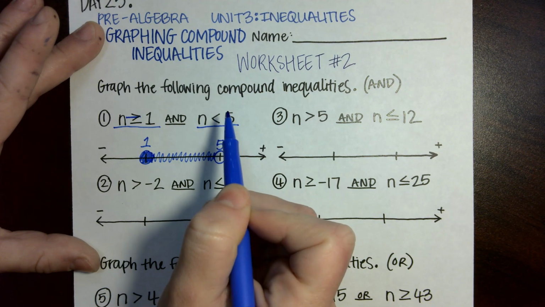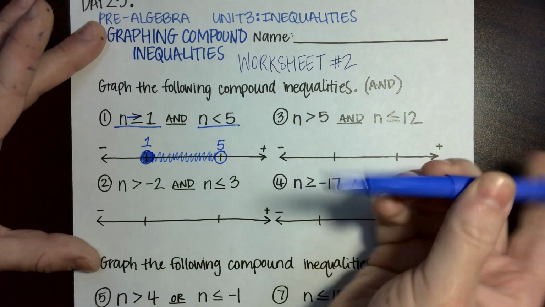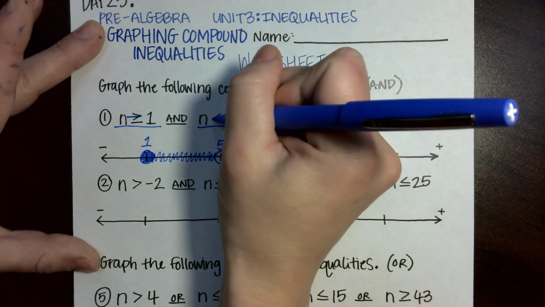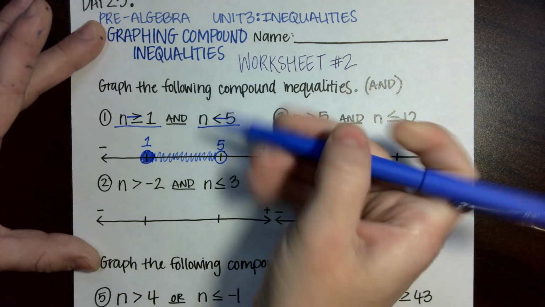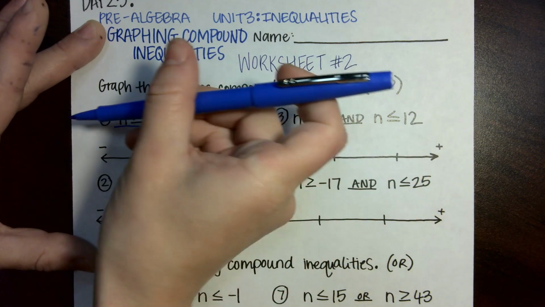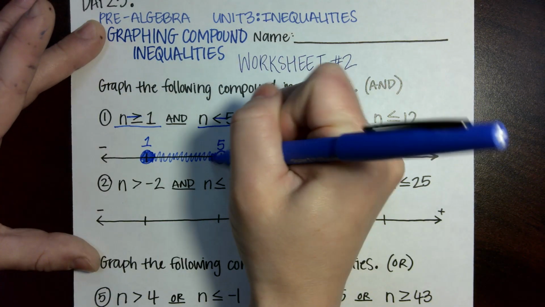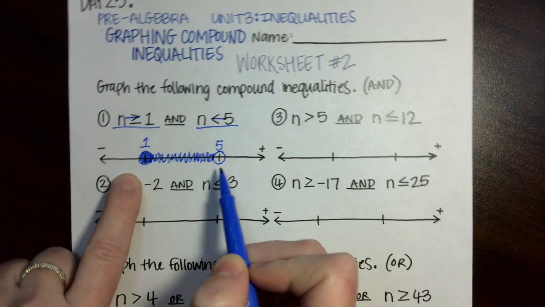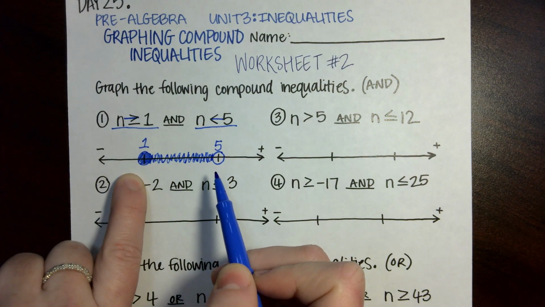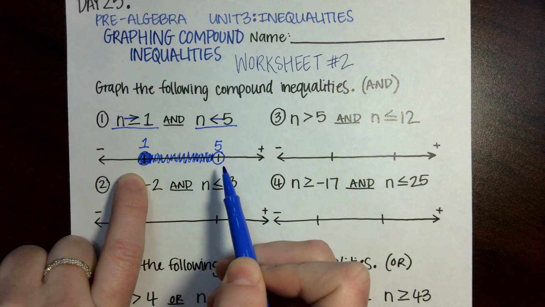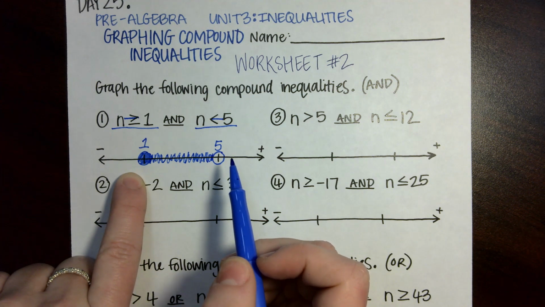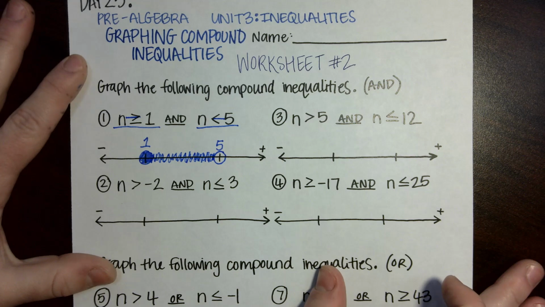And N is less than 5, so I'm shading to the left where numbers get smaller. I can also look at my symbol like an arrow telling me what direction to shade from the 5. So we have our solution here. This is how we would graph N is greater than or equal to 1 and N is less than 5. Okay. Any questions?